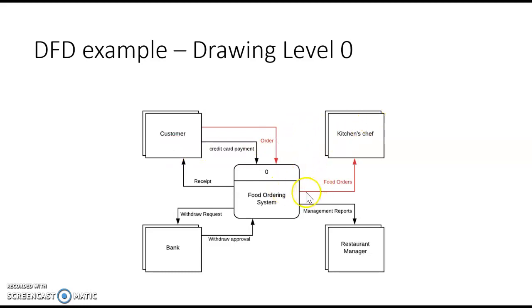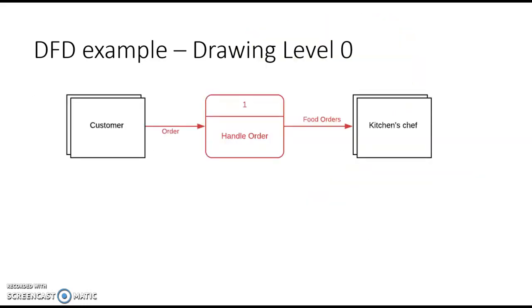Between the kitchen chef and the system, there is only one data flow, which is the food order. Between the system and the restaurant manager, there is only one data flow, which is the management report. Between the system and the bank, there are 2 data flows: the withdrawal request and withdrawal approval. When removing that and putting in different processes, I will at the end check that I have 3 here, 1 here, 1 here, and 2 here, to make sure that I didn't add any new data flow with external entities, and I didn't remove any data flow with the external entities. Okay, well, that's a tip.